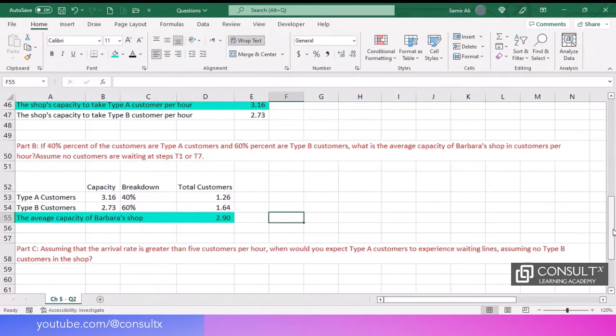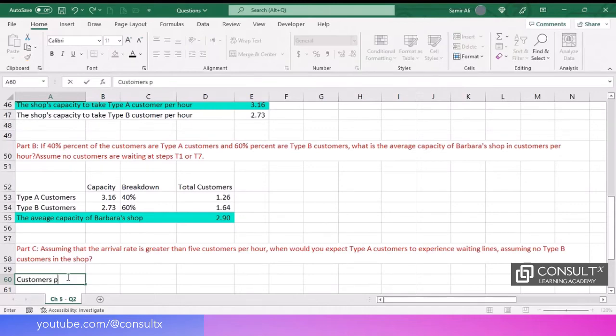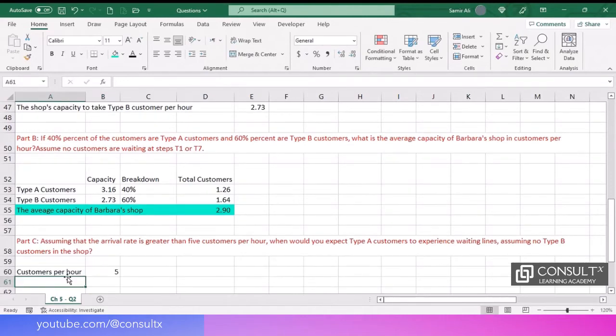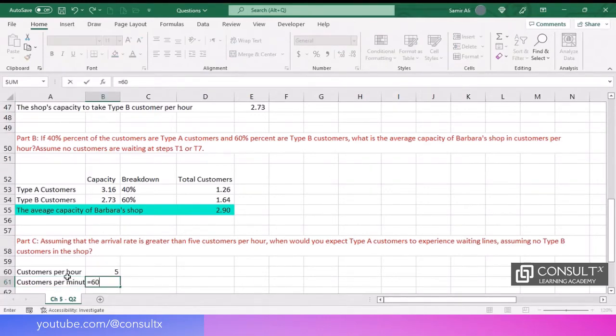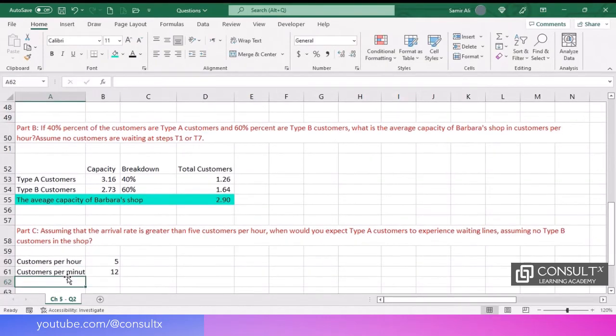So 5 customers per hour. And if we convert that to minutes per customer, that would be 60 divided by 5, which is 12.